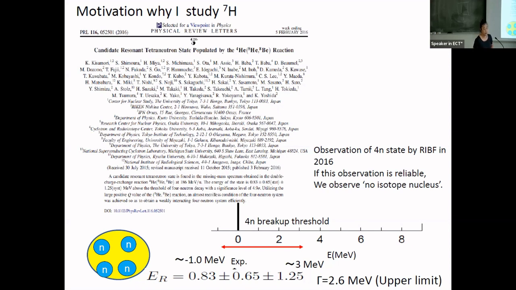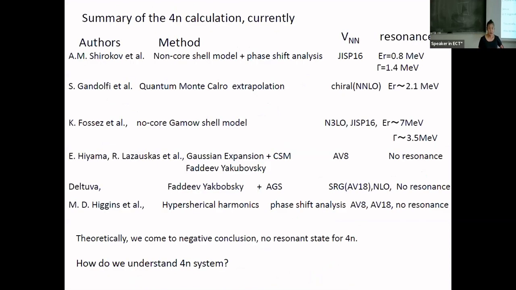After this experimental measurement, theoretically we were motivated to calculate this 4 neutron state, including myself. At the beginning, some authors said that they had a bound state or resonance state. But after that, some results were negative, including mine.